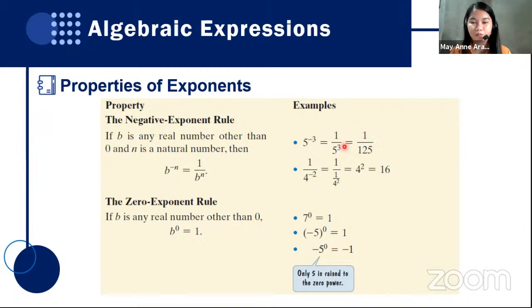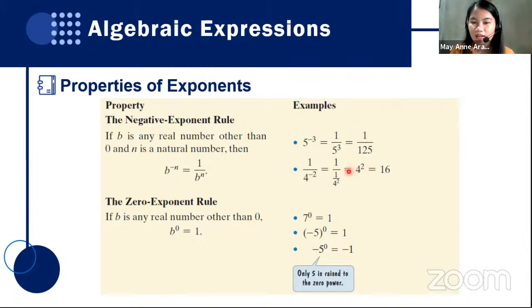And for this, we have 1 over 4 raised to negative 2. Since fraction na to, ito naman gagawin natin. Igagawin pa natin siyang fraction na 1 over b over n. So 4 raised to negative 2 is 1 over 4 squared.